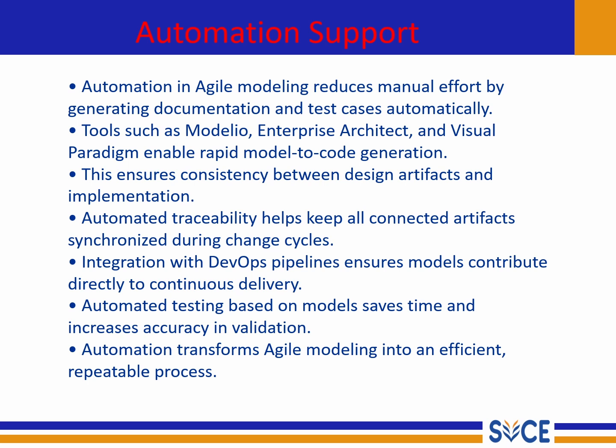Automated traceability helps keep all connected artifacts synchronized during change cycles. Integration with DevOps pipelines ensures the models contribute directly to continuous delivery. Automated testing based on models saves time and increases accuracy in validation. Automation transforms agile modeling into an efficient, repeatable process.